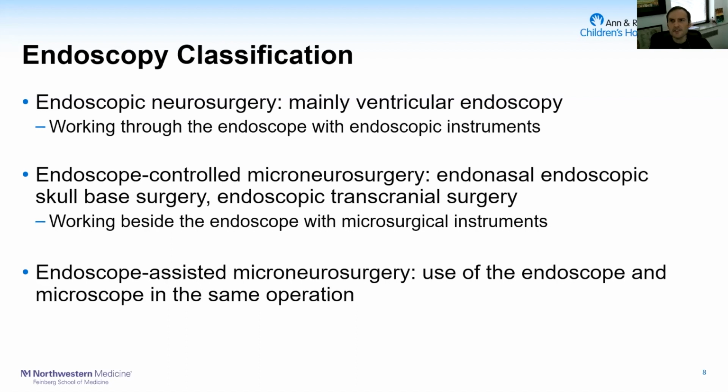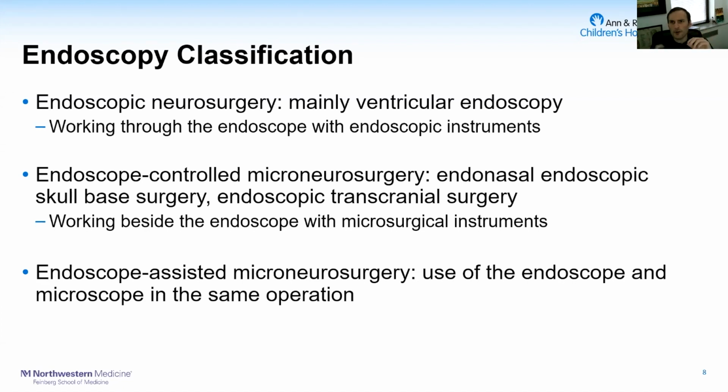And then there's endoscope-assisted microsurgery. And this is where you use the endoscope and the microscope in the same operation. So the microscope typically is the primary visual tool of the surgery, but I can bring in the endoscope and use it as a tool to help me look around corners or in different areas that the microscope can't see.